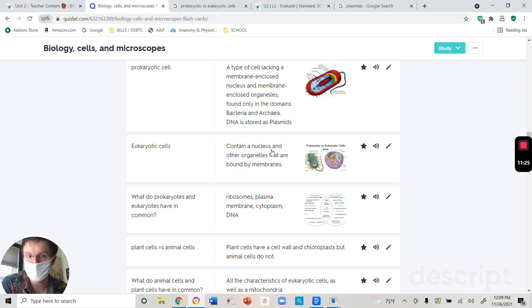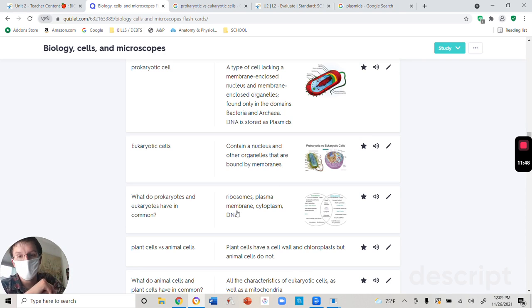Okay. In terms of what the two have in common, they both have DNA. Granted, it's stored a little differently. DNA in a prokaryote is stored in those circular plasmids. DNA in a eukaryote is stored in the nucleus. Both have ribosomes because everybody's got to make proteins.